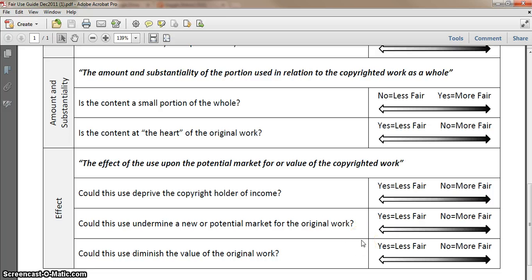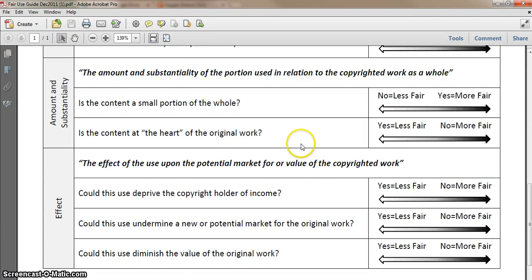So if you think of Andy Warhol, who did the famous Campbell Soup piece of artwork, did that prevent the Campbell soup makers or makers of soup from potential new markets? No, probably not. So you have to really look carefully at all of these. Could this use diminish the value of the original work? If it's no, then it's more fair to use. If it's yes, then it's less fair to use.